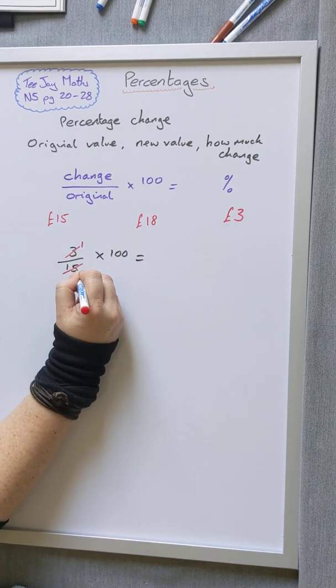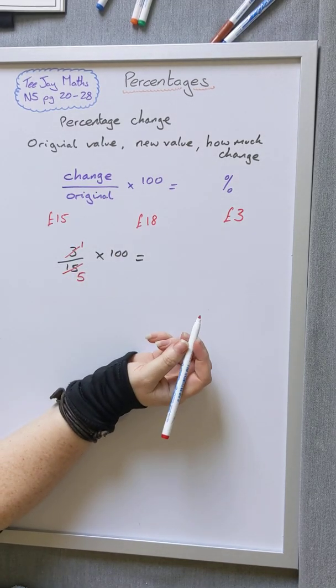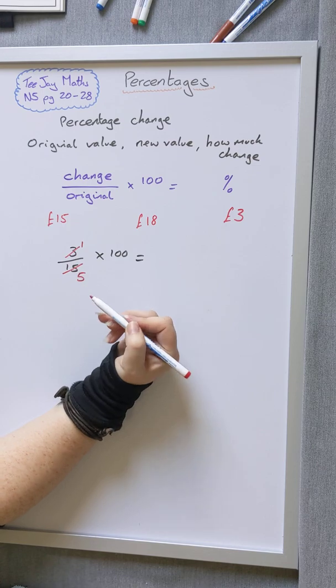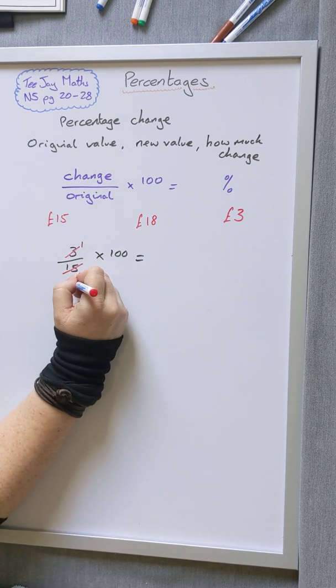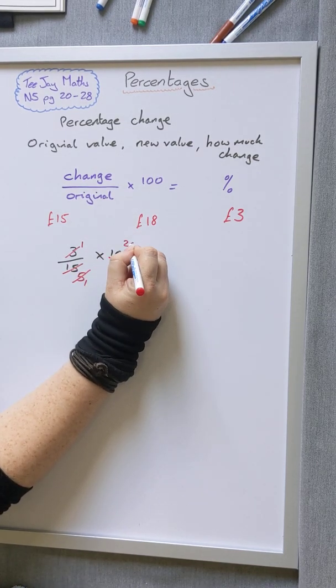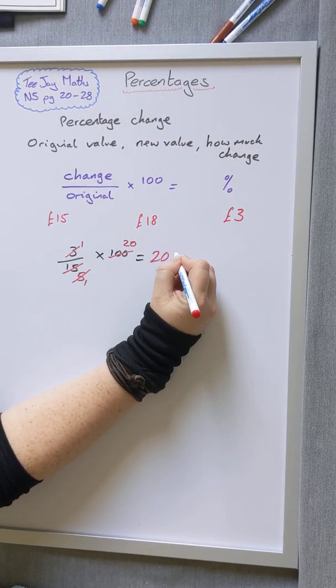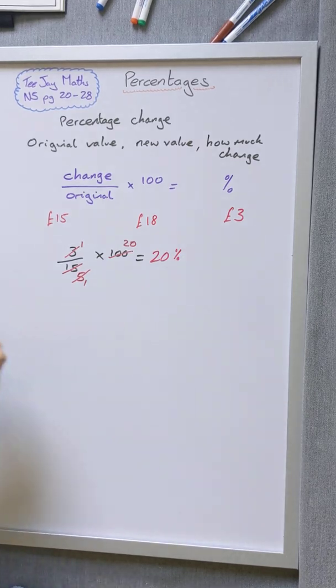So I shall change my fraction down to its simplest form, 1/5, and then I know that 5 divides into 100 20 times. So I'm going to take that down to there, and that gives me an answer of 20%. Sometimes these questions come up in the non-calculator paper, so it is very useful to be able to use the simplifying techniques.